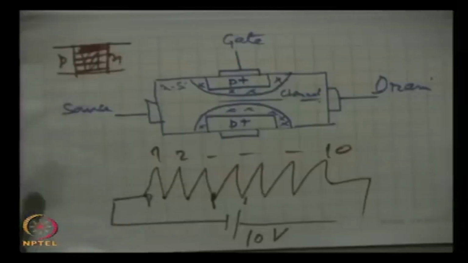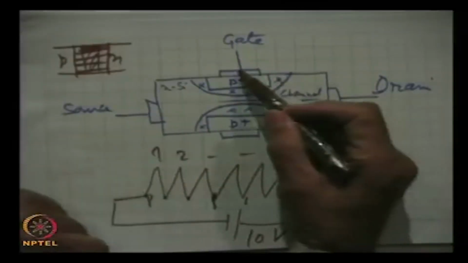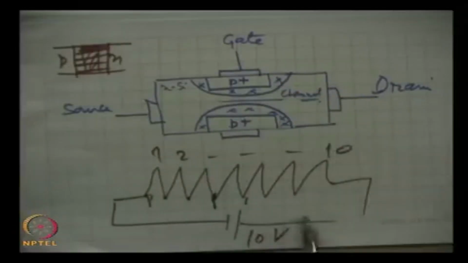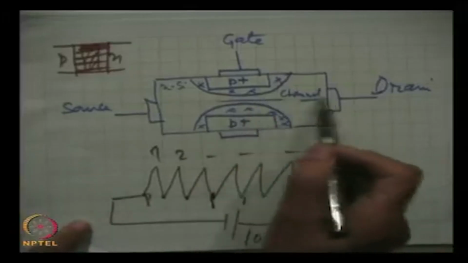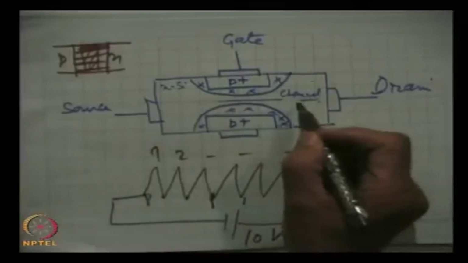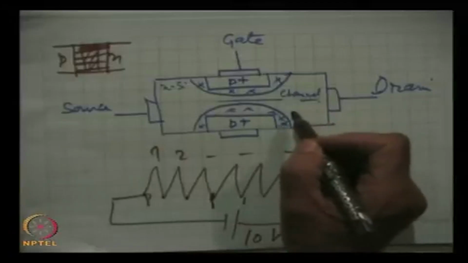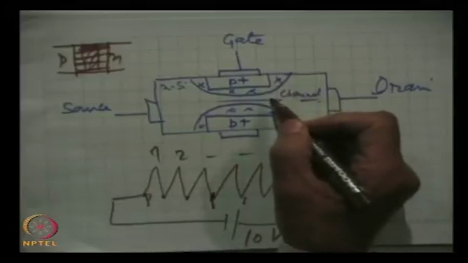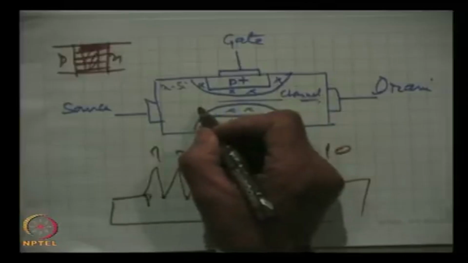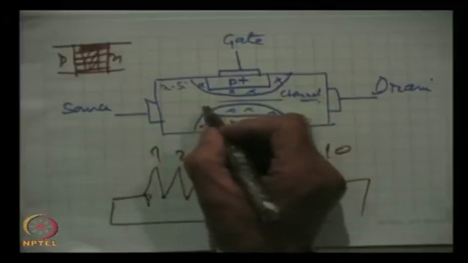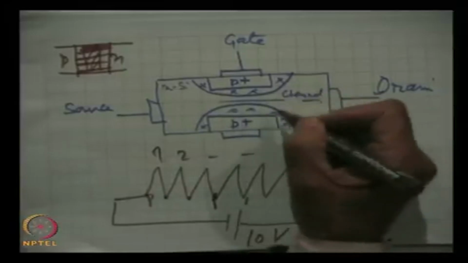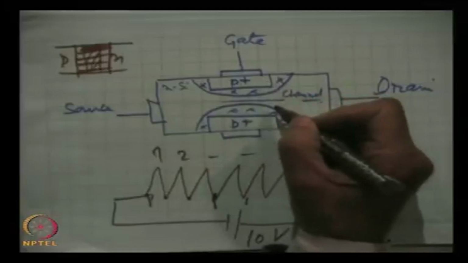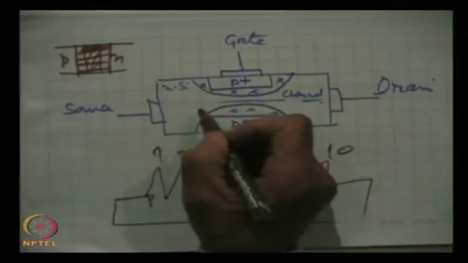Or if we keep this at 0 potential by grounding the gate, and increase this potential, which is increasing this way, decreasing this way, then in the drain region, now very important, the depletion width will be larger than in this region, for the simple logic that closer to the drain the PN junction is more reverse biased as compared to this region.